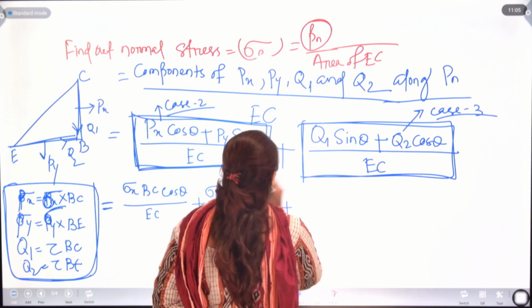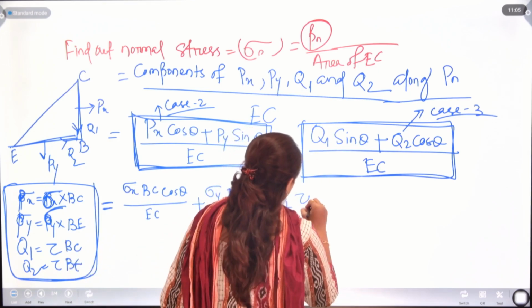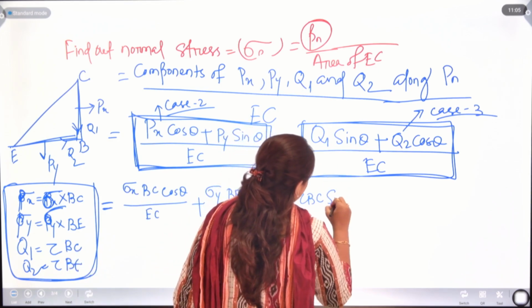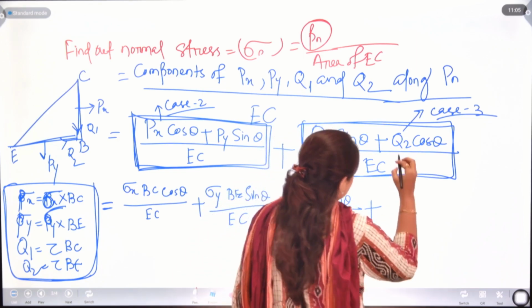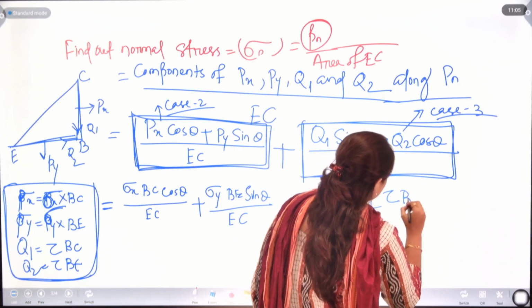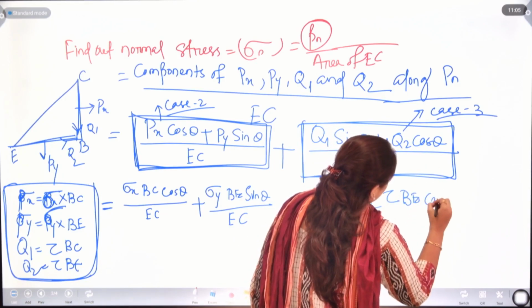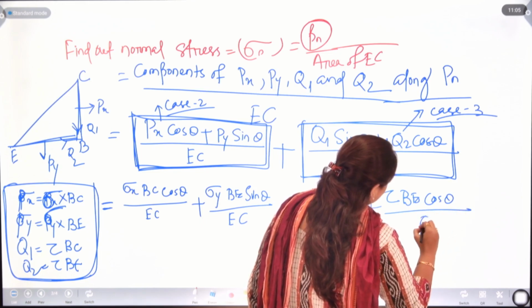For Q1, we have tau BC into sin theta upon EC plus tau BE cos theta upon EC.